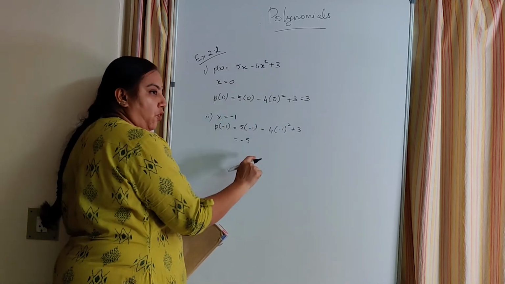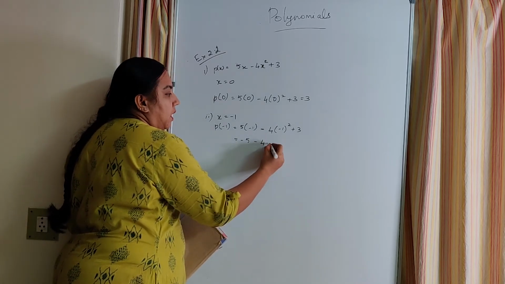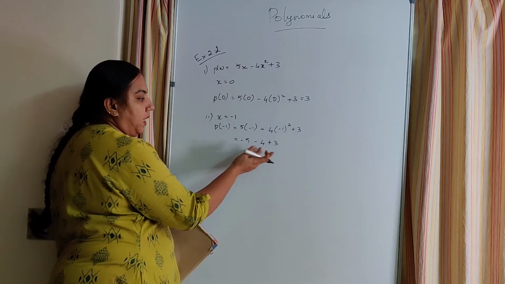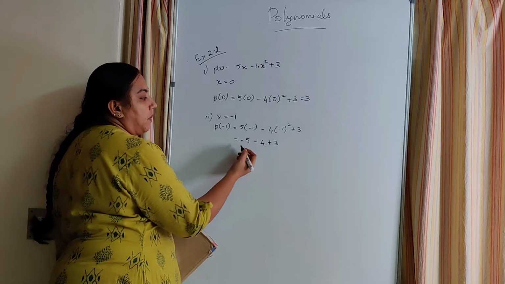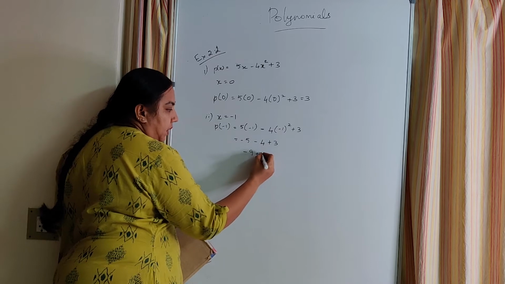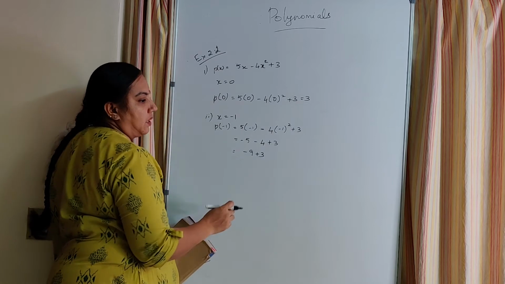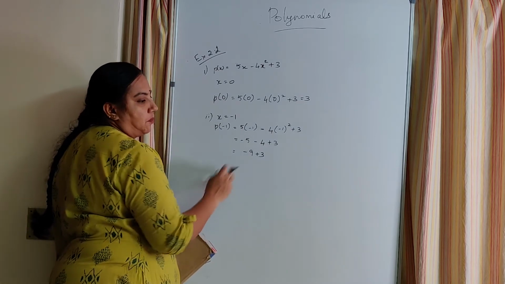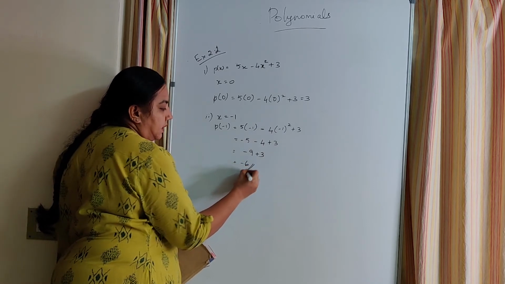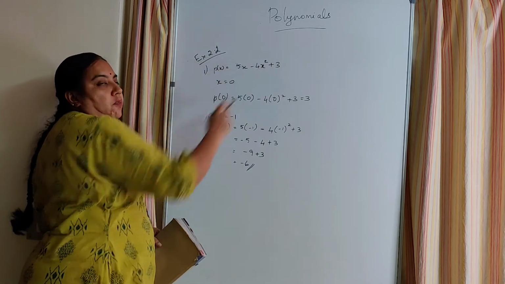So 1 into 4 is 4, but here already there is a minus, so it becomes minus 4 plus 3. Minus 5 minus 4, we have to add the numbers 5 and 4 and put the minus symbol there. So minus 5 minus 4 adds up to minus 9 plus 3, and again I have to subtract. Both the symbols are different, so I have to subtract both the numbers and put the higher number's symbol. So it becomes minus 6. This is the value of the polynomial when x is equal to minus 1.